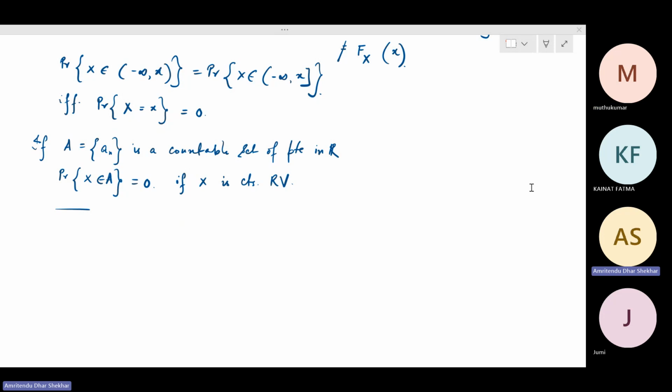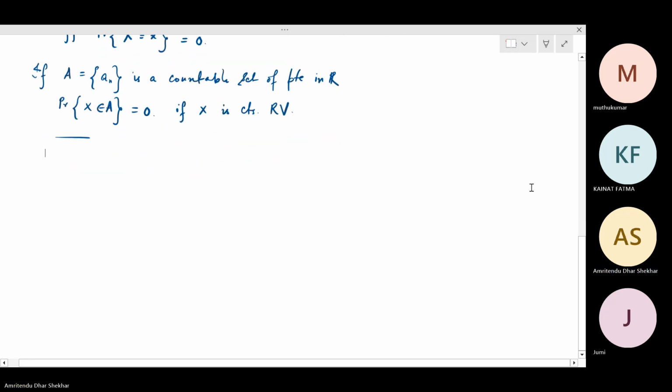I didn't quite get whether the CDF is a measurable function, whether it is differentiable at all points. Okay, let us discuss that.